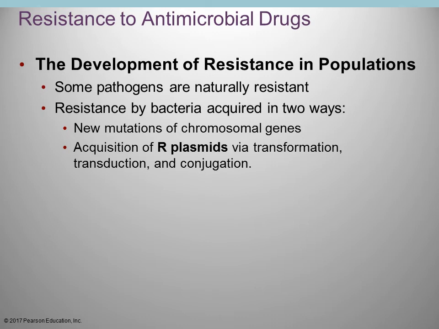Plasmids replicate on their own schedule and can be transferred from one organism to another. How? By transformation, transduction, or conjugation. So you can have an organism that was susceptible to an antibiotic, and it obtains the plasmid that has a resistance gene for it, and now it's resistant.